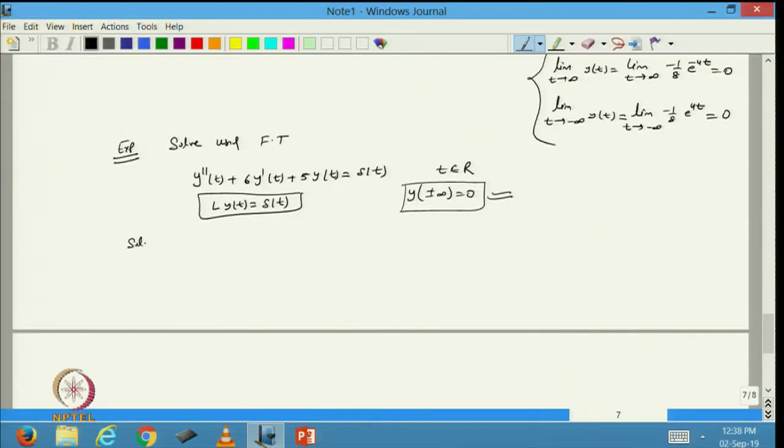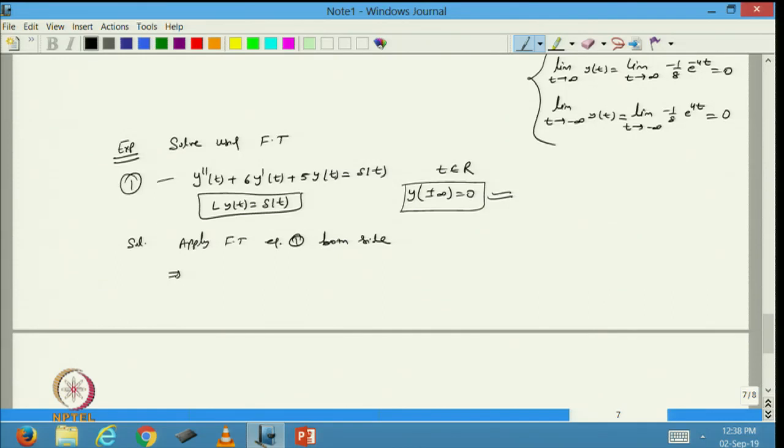Now, solution. Let us apply the Fourier transformation to equation 1 on both sides.